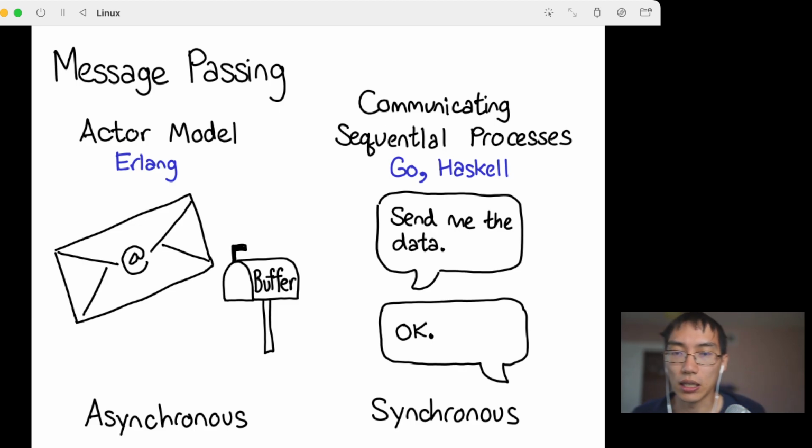And once again, they're doing this with messages, so there's no intrinsic shared state. But for example, if you wanted to send a piece of data, you would have to wait until the receiving process was ready to accept it. So none of this tossing a letter over the fence and then going off and doing other stuff. You're going to wait until they're ready.